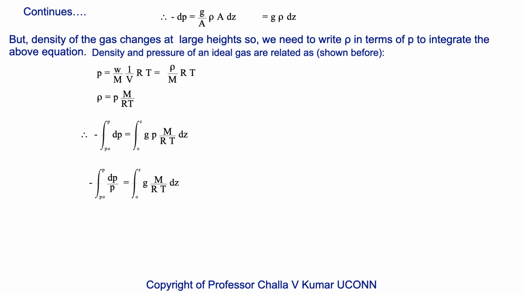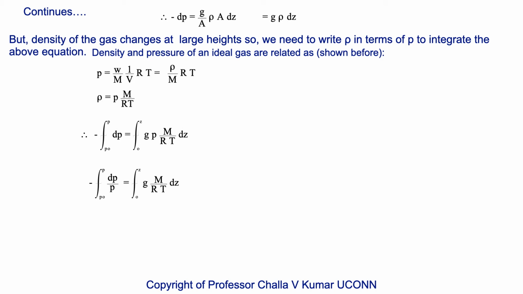Now P will be the final limit on the left-hand side because that's the integration we're doing, P0 to P, and therefore on the right-hand side the integration is going to be 0 to z. P is the pressure at the height z. Remember, that's how we have defined it. So we have a negative sign on the left-hand side integral. We have a positive sign on the right-hand side integral.